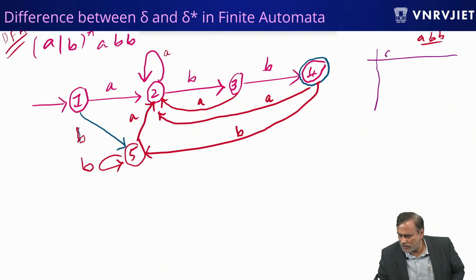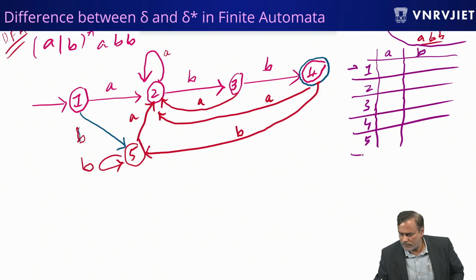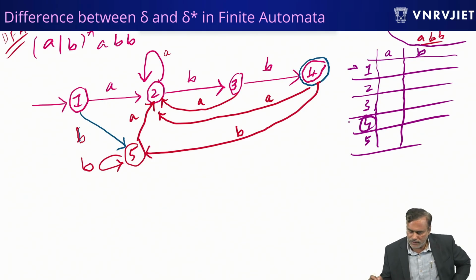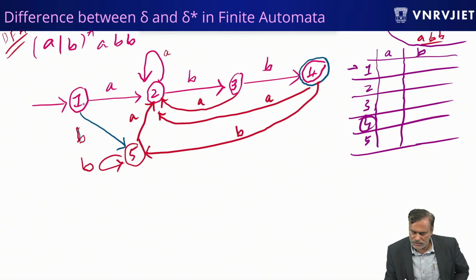Input symbol is A, input symbol is B. States are 1, 2, 3, 4, 5. 1 is the start state. Here 4 is a final state. Now 1 on A, looking at outgoing transitions: 1 on A you can go to 2. 1 on B you can go to state 5.